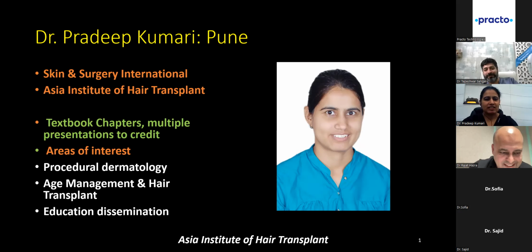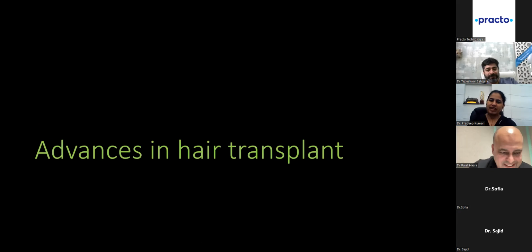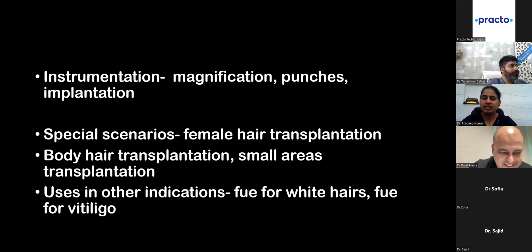Today's talk is on advances in hair transplant. I'm going to keep it majorly directed towards the multi-specialty areas. When we are looking at advances in hair transplant, advances have been happening in each and every aspect of it.